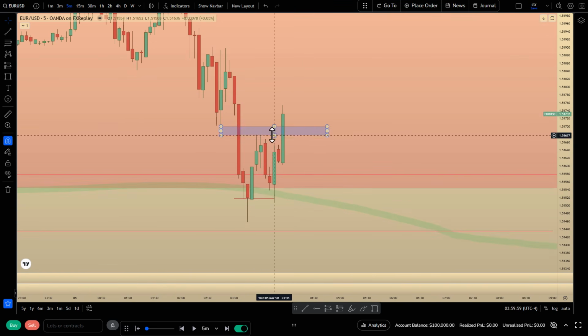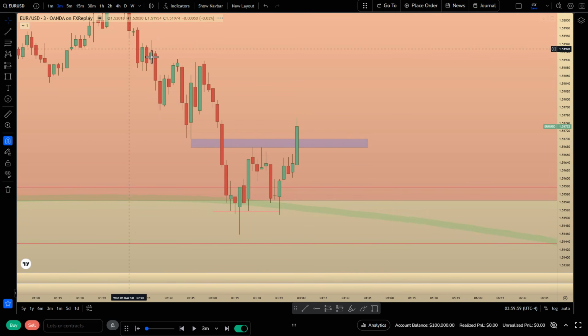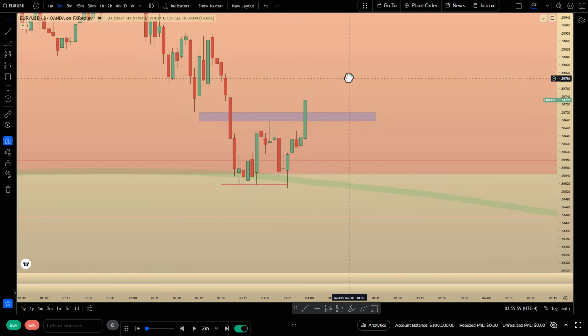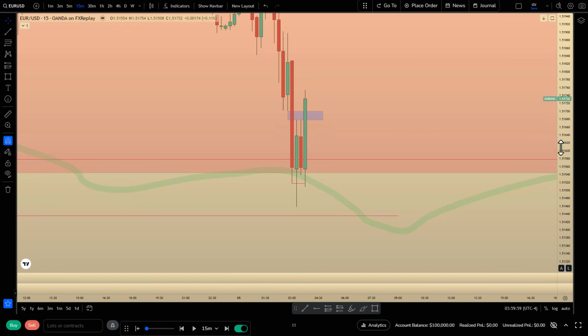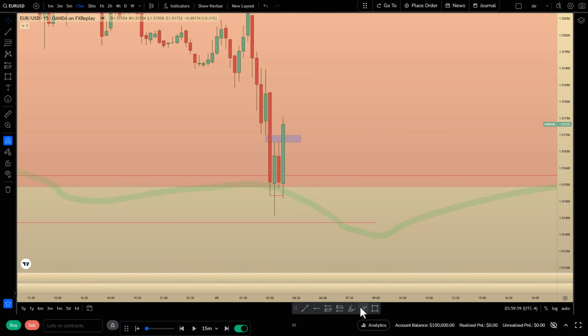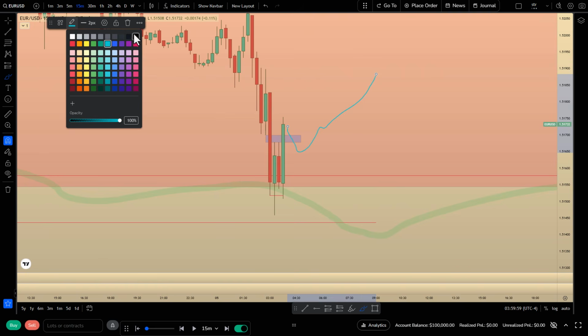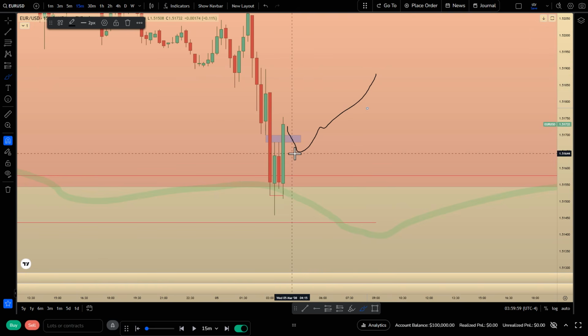We have a couple of break of structures right here. Alright, let me see if price is gonna find support from here. I don't want to enter directly. I want to see if price is gonna find support from this candle.